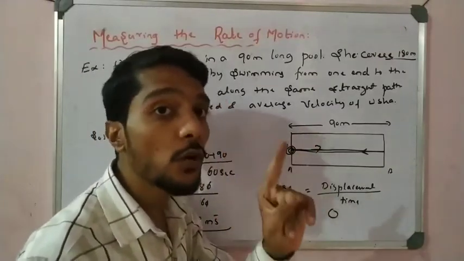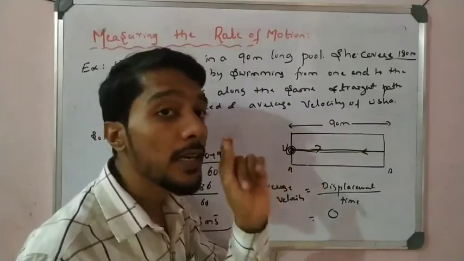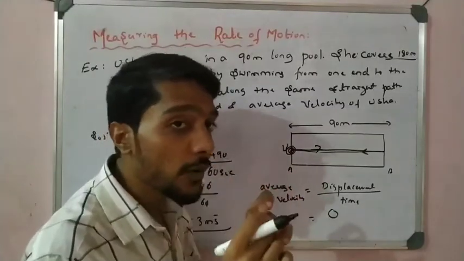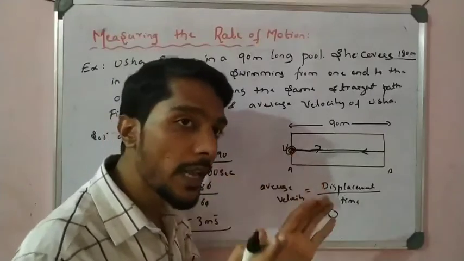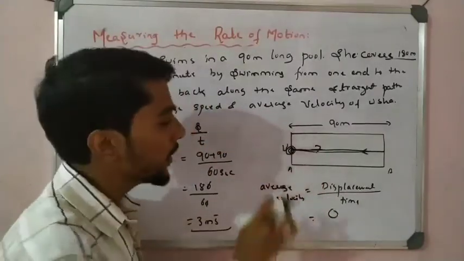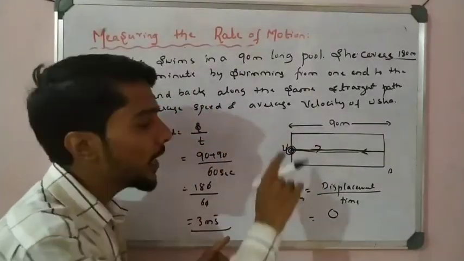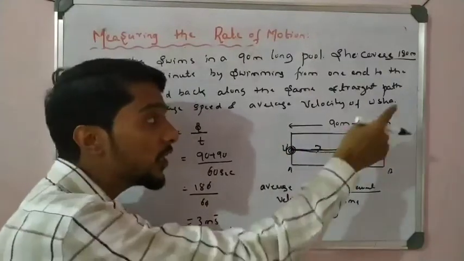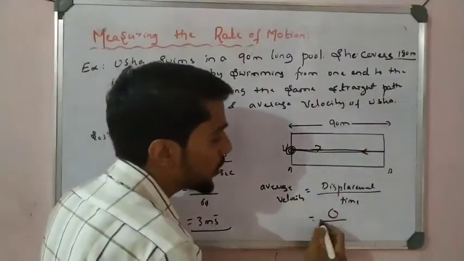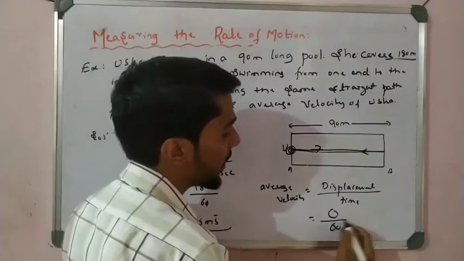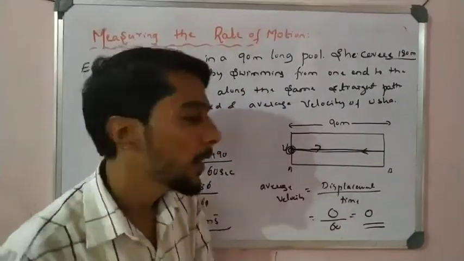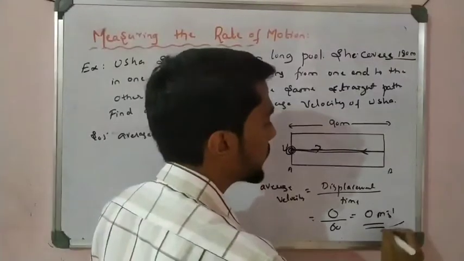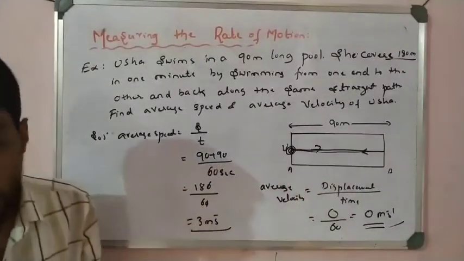In the last video, number 1, we discussed that if the initial position and the final position of the object are the same, then the displacement is 0. So 0 by time, 60 seconds, it is 0. So average velocity is 0 meter per second. This point you have to remember.